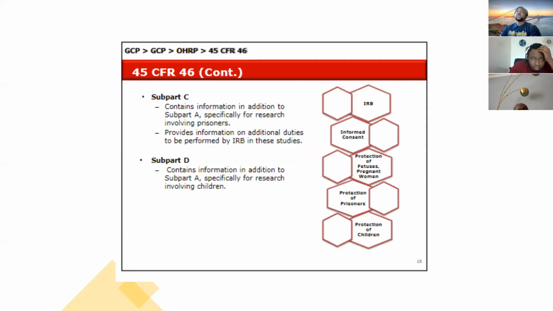Subpart C goes on to explain the IRB and how the IRB will go along with the protection of different populations.